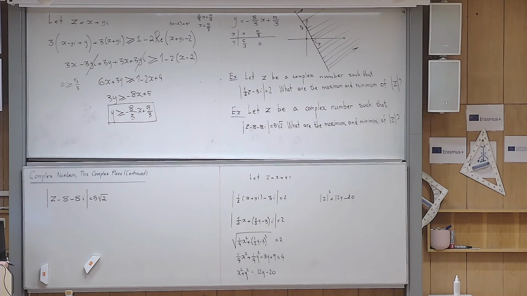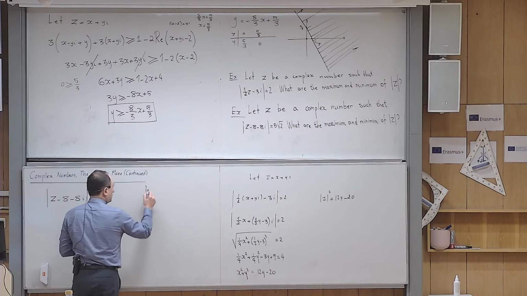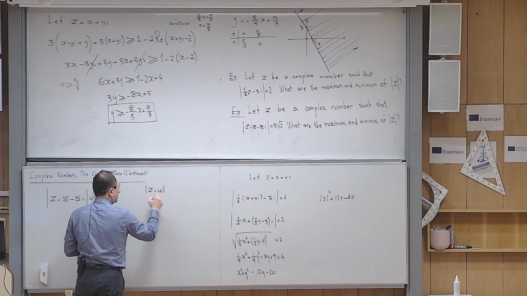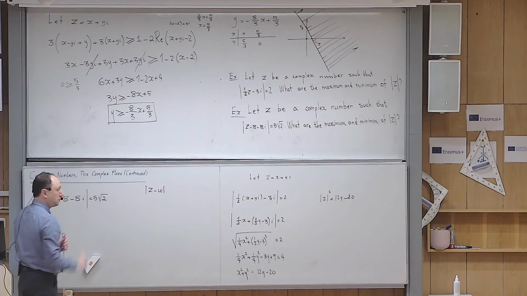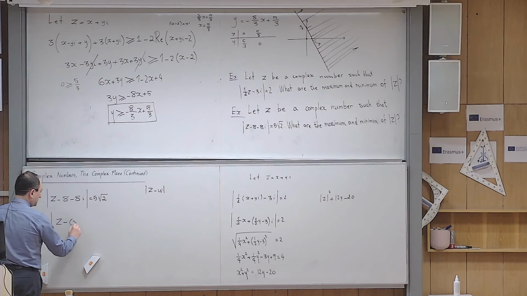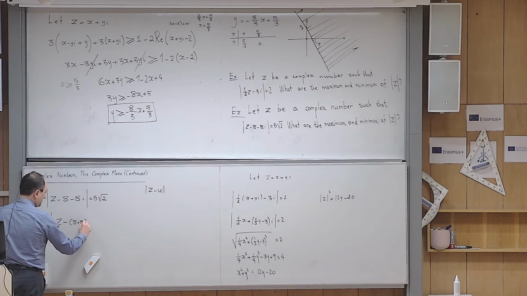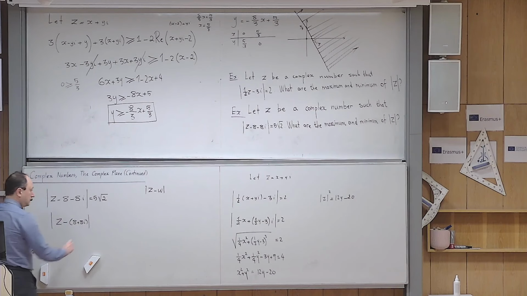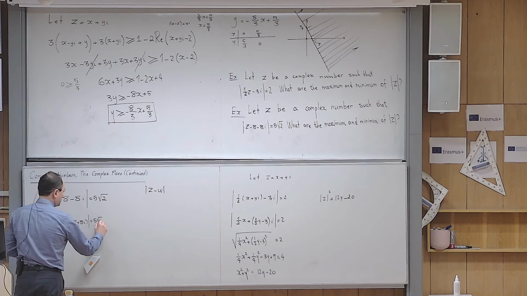It's a circle with center 8 + 8i and radius 5√2. Because you have to write it in a standard form. A standard form for interpreting needs a minus sign between two complex numbers. So the first thing you have to do is factor a minus sign out, and then it equals 5√2.